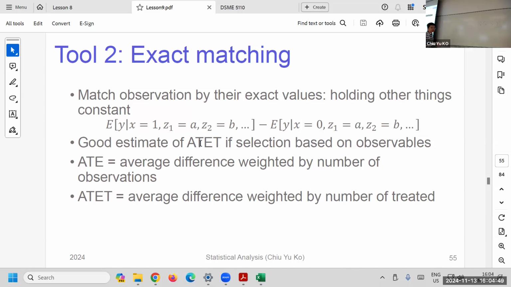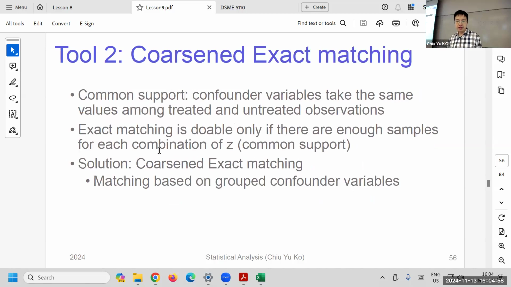Okay. Now, of course, this is doable if this covariate Z are discrete, right? You can easily match. But very often, you're not. You will do the coarsening match. You match something similar, right? For example, you can match McDonald's in China, right?